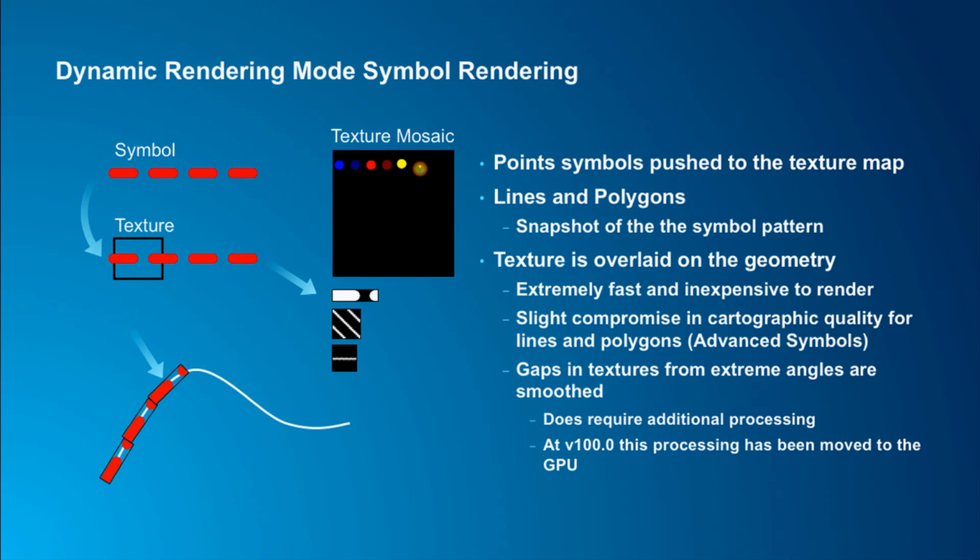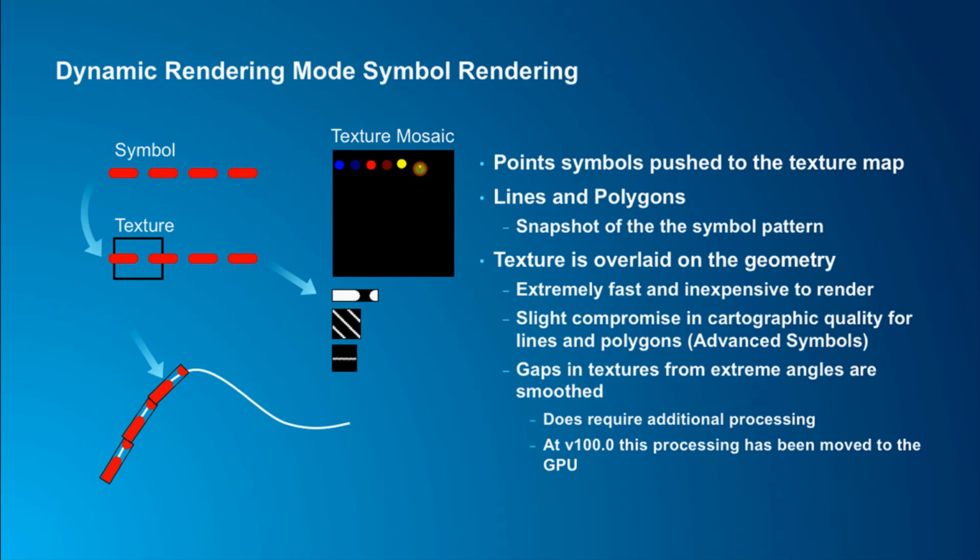So we take a snapshot of the symbol, almost like a Polaroid of it, and then lay the textures along the geometry. This is extremely fast and looks good in most scenarios because we do a little bit of smoothing and inserting stuff when you have extreme breaks in your geometry.